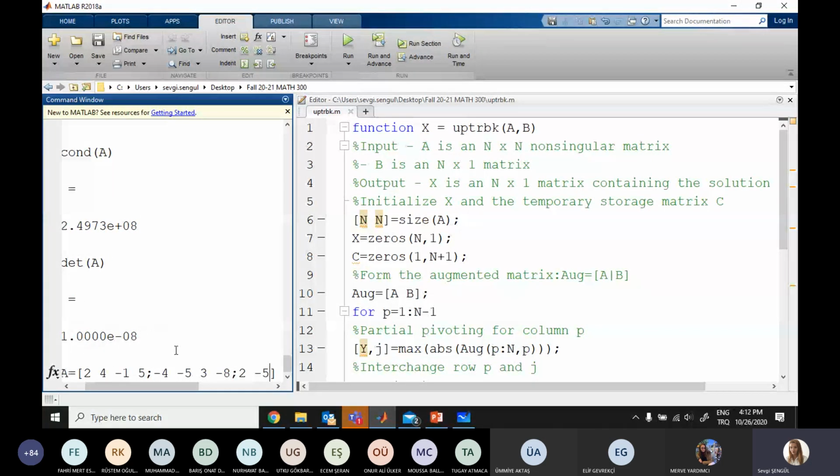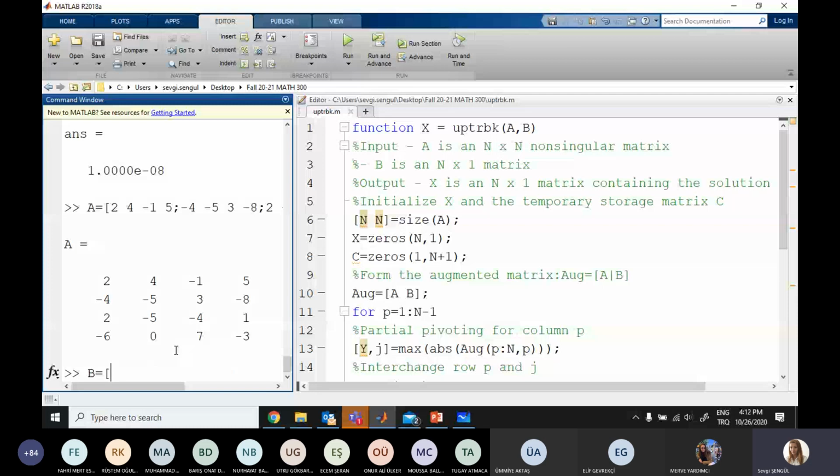This is my third row. -4, 1, and my last row, -6, 0, 7, -3. Okay, let's say this is my A. And my B, it doesn't matter actually, you don't have to give the same name even. -2, 1, 8, 1. And of course it has to be a column.